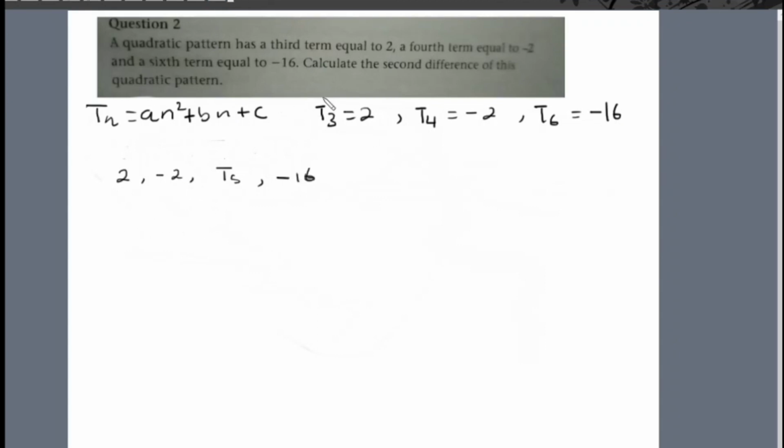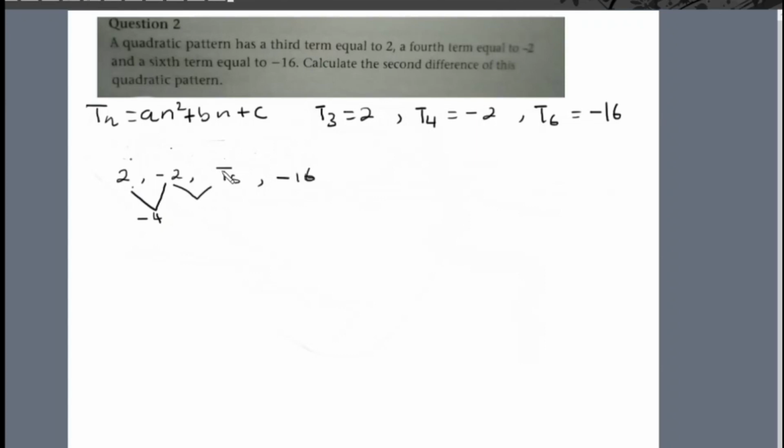Right, so what is calculated is second difference. Ukuze calculate a second difference, kumele sithome ngocalculate a first difference. Let us go ahead and calculate the first difference. So sizoba no T4 minus T3. So sizoba no T4 minus T3. It's minus 2 minus 2, which is minus 4.